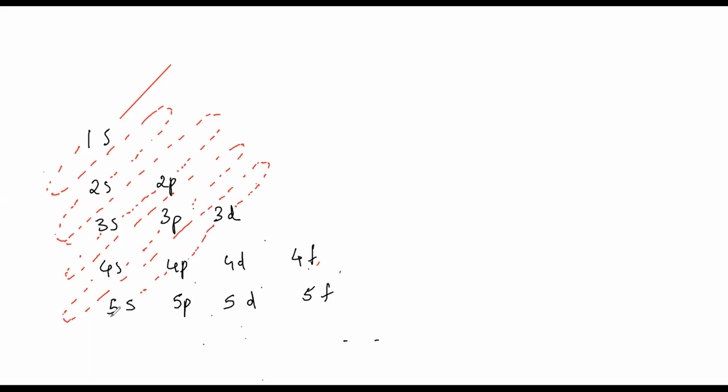So you might be wondering what I am doing now. Correct? So again, coming to this particular point, no need to worry about this. 1s, see the direction it's going like this. Correct? Here again it's going like this. 2s, it's going like this, then coming here. 3s.